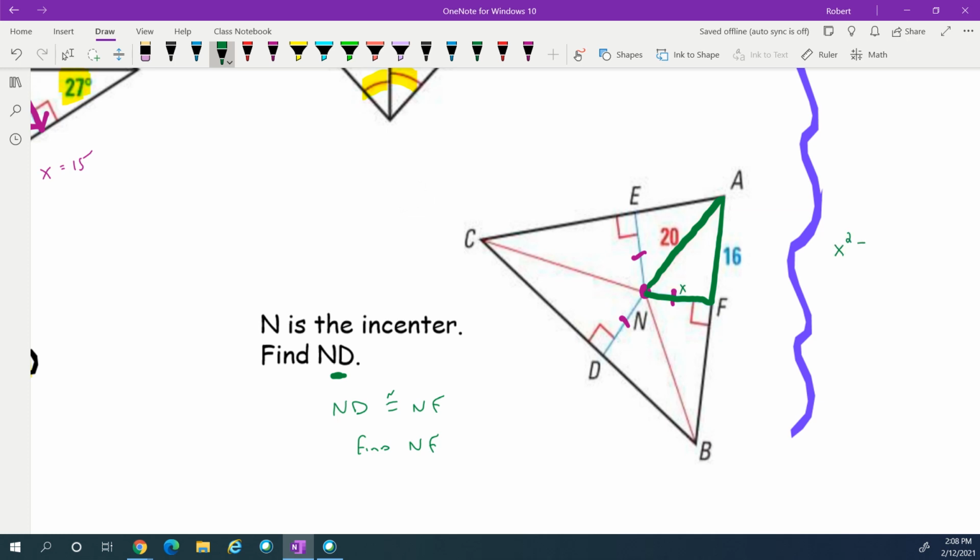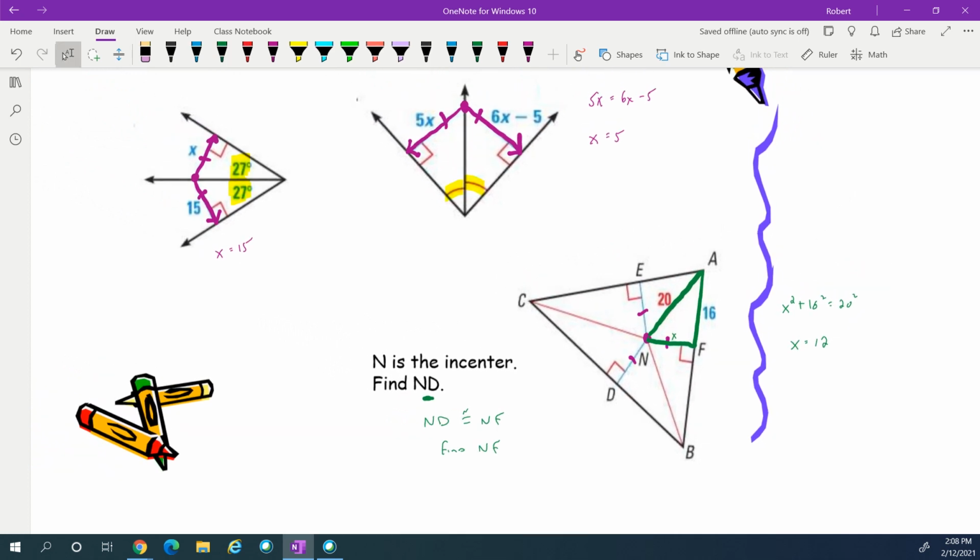So x squared plus 16 squared equals 20 squared. And let's work that out. And x equals 12. So knowing that an incenter is equal distance to the sides allowed us to process that question. Okay, well, that's angle bisector. Let's do some practice with it.